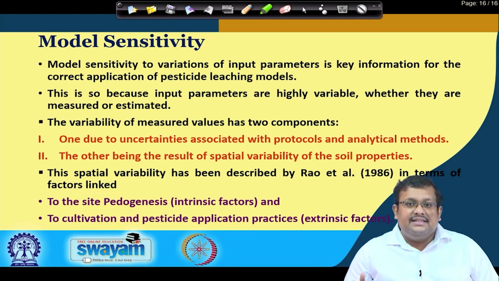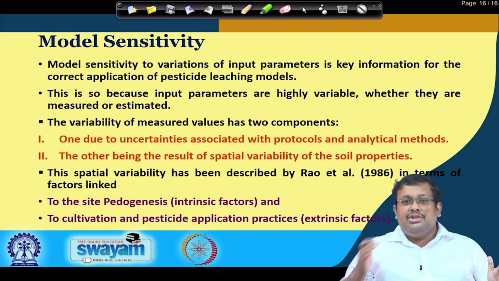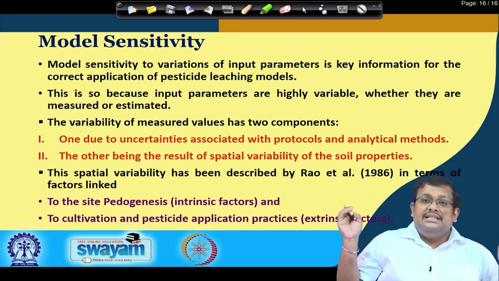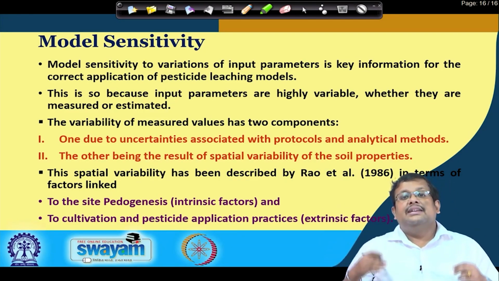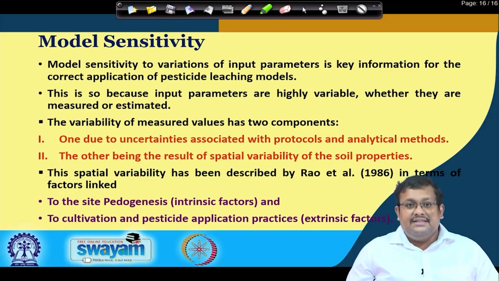That is called sensitivity, a procedure through which we test the changes in model behavior when we vary the input parameter values.